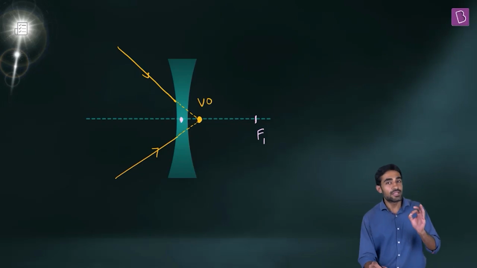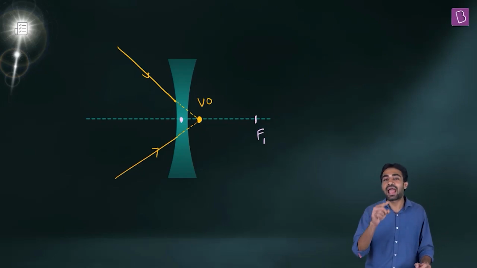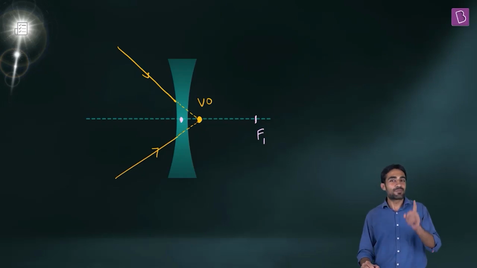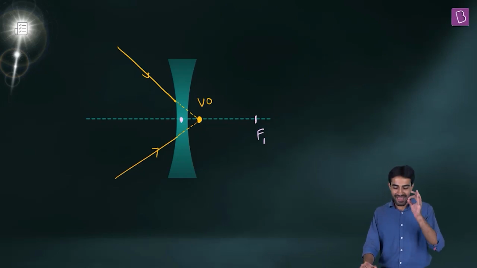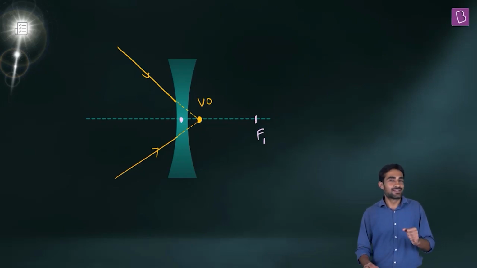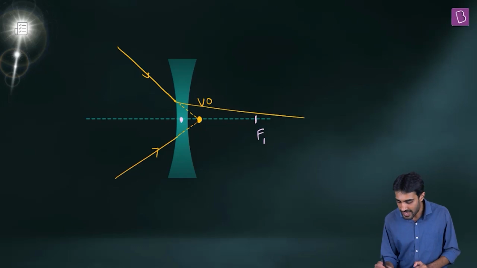By object we mean the point at which incident light rays meet. In case they are appearing to converge at a particular point, then at that point we will call it a virtual object. Okay? Now, let's see what will happen after this. After refraction, we can see these light rays actually meet at some point.